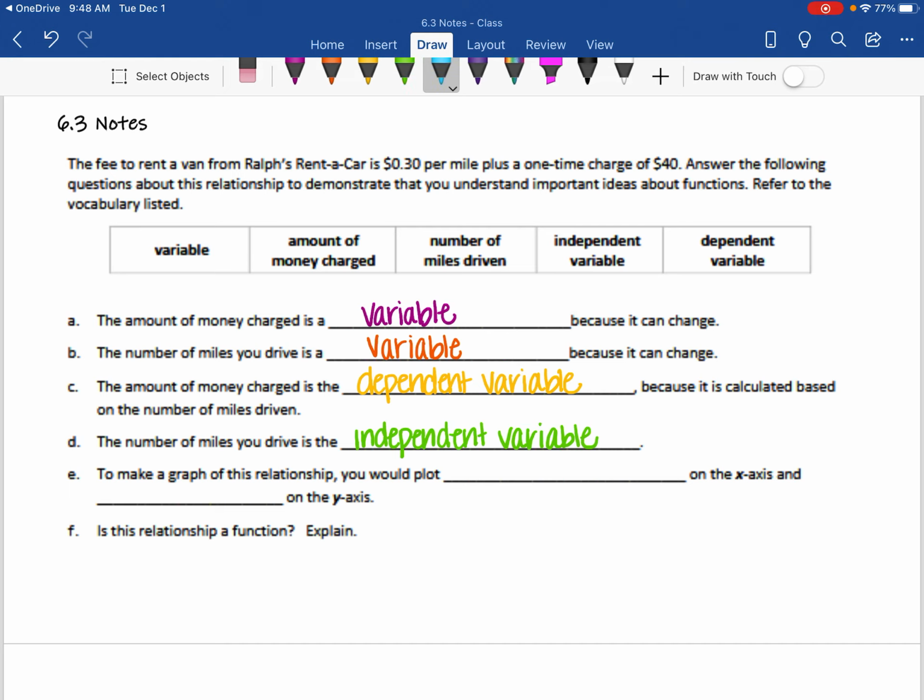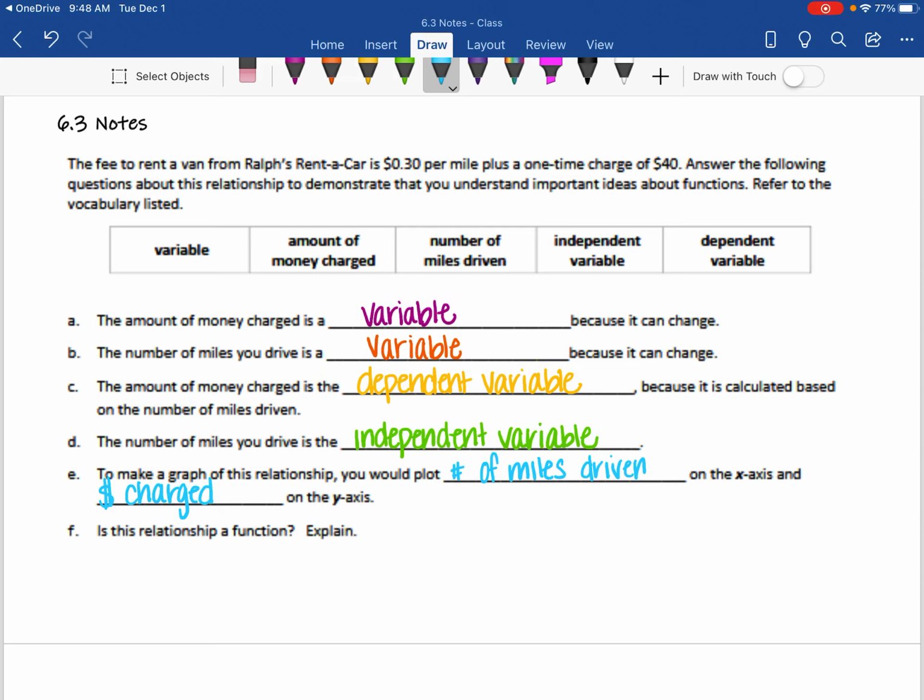Okay. To make a graph of this relationship, you would plot the number of miles driven on the x-axis because that's your independent variable. And you would plot the amount of money charged on the y-axis because that's your dependent variable.